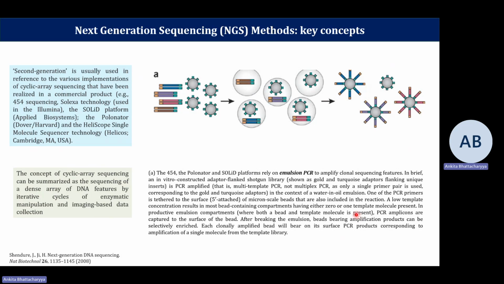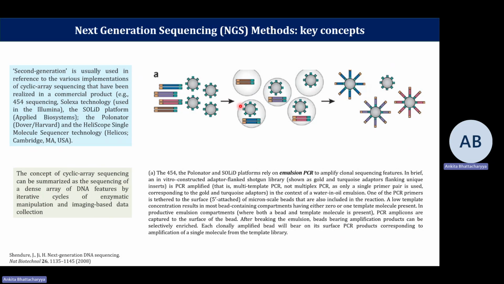How are these emulsions or these droplets generated? Basically, it involves a water and oil emulsion generation. So there's agitation and droplet generation within which, within each of these droplets, this PCR reaction proceeds. And one of the PCR primers is tethered to the surface of this micron scale bead that we already mentioned.